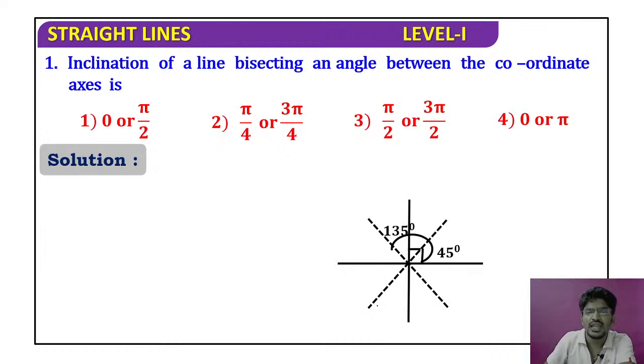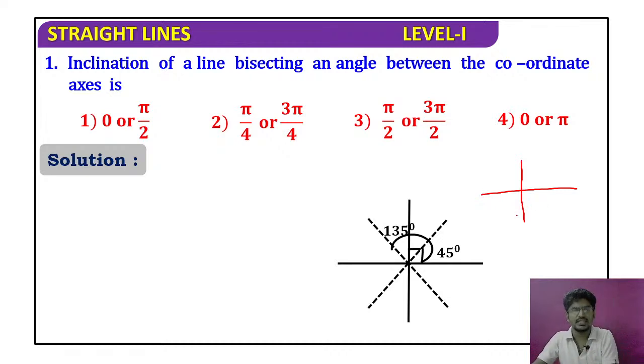So see this. This is your line bisecting the angle between the coordinate axes. That means you have the y-axis and the x-axis, and they are telling us the inclination of a line bisecting an angle between the coordinate axes. That means this is the angle between the coordinate axes. Are you getting my point?